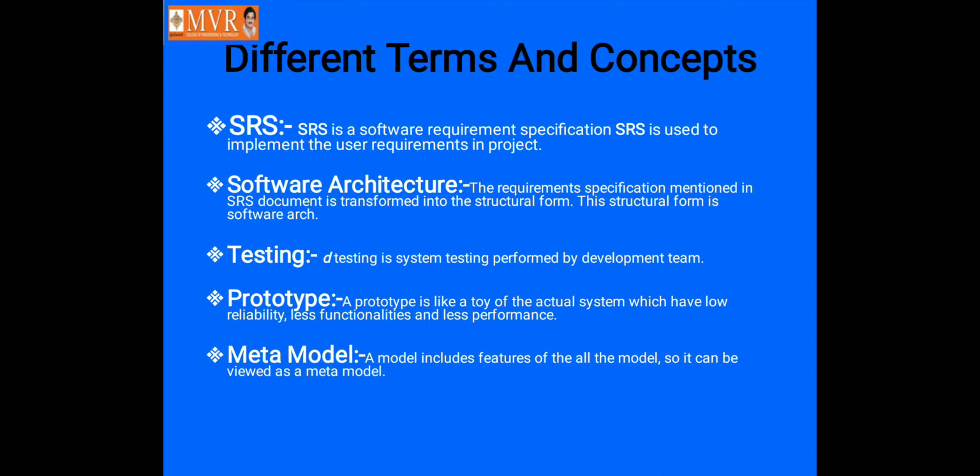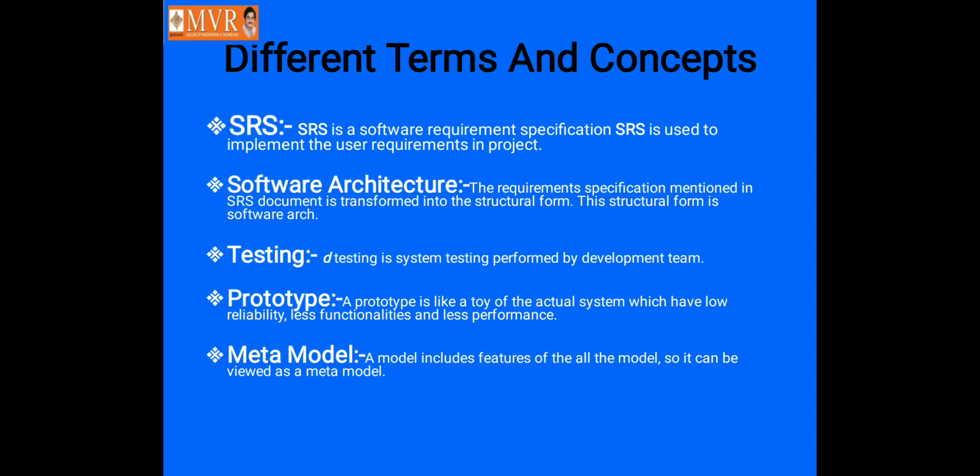So next one is SRS, different terms and concepts. SRS is a software requirement specification. SRS is used to implement the user requirements in a project. Software architecture: the requirement specification mentioned in the SRS document is transformed into a structural form. This structural form is a software architecture.